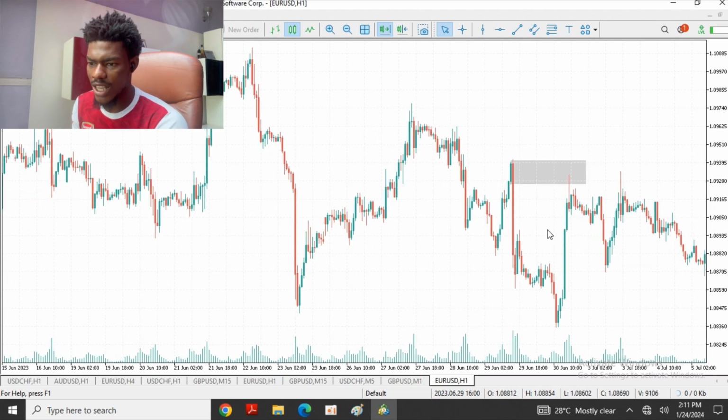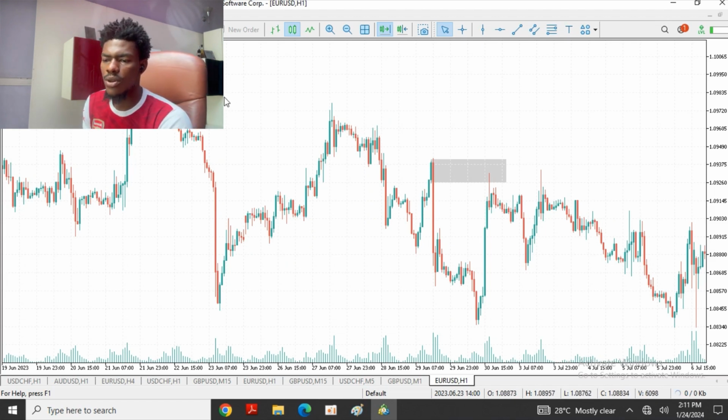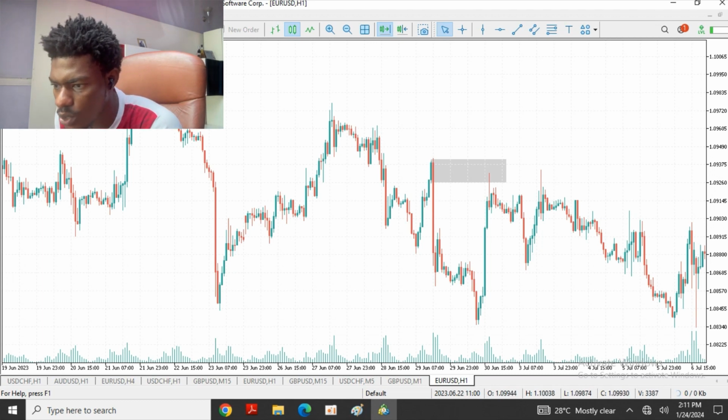So that's basically it. And see something, for instance, here is also an order block, but guess what? It's not a high probability order block. Why? Because there is no imbalance in between these 1, 2, 3 candles. Let me zoom in a little bit.